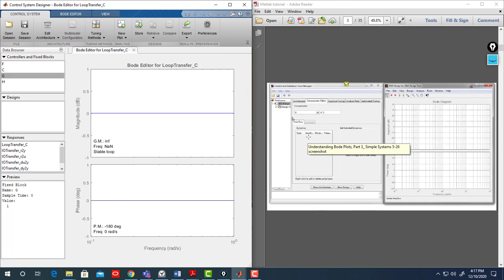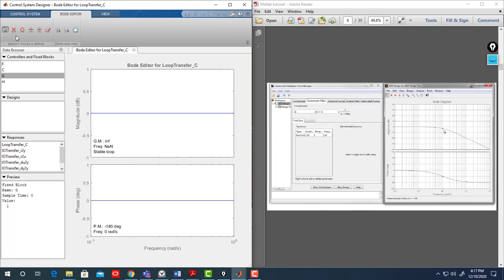Alright, so let's see what they will do now. They add a pole at around 1 radian per second. So let's go and do this. I click on it, I find the Bode editor, and I add a pole at 1 radian per second.